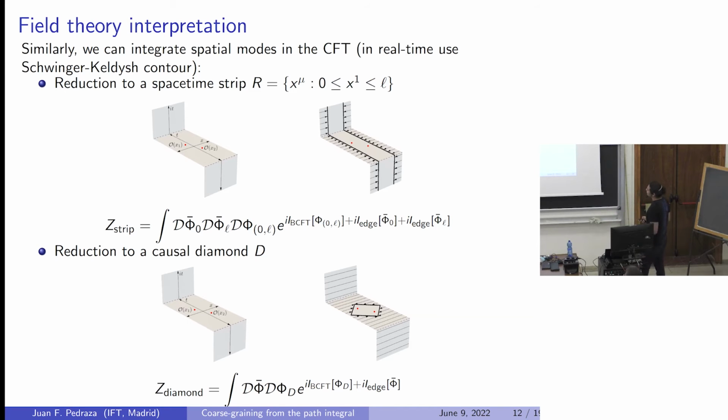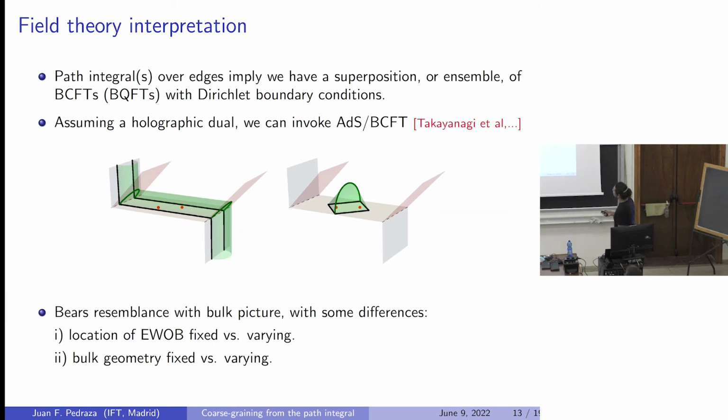Now, what does all of this have to do with the bulk? Well, if we assume that these boundary QFTs or boundary CFTs have a holographic dual, then we know examples of this mapping, that holography works in these cases. This had been proposed by Tadashi and some people.